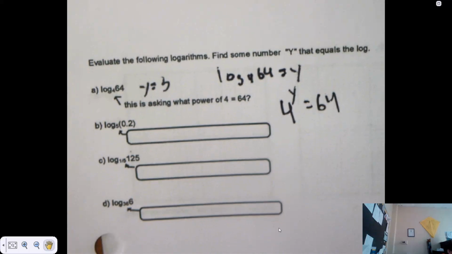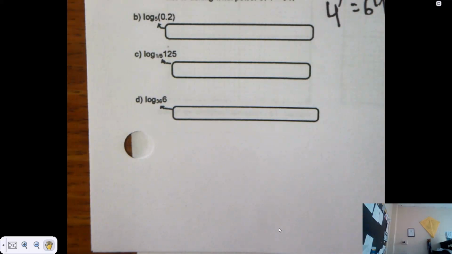Zoomed in as far as I can zoom in. Log base 5, argument of 2/10. What is that asking you? That's exactly what it's asking you. What power of 5 is 2/10?